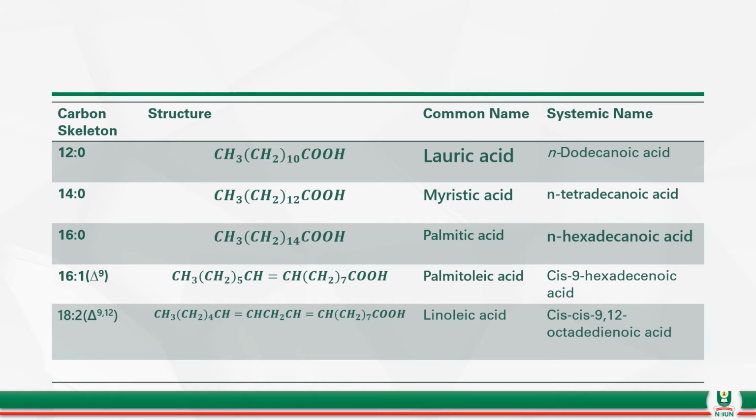Because it has 16 carbon atoms in it, we call it hexadecanoic acid. What makes it hexadecanoic? There are two words joined together there, hexa and deca. From your maths, you know that deca means 10.